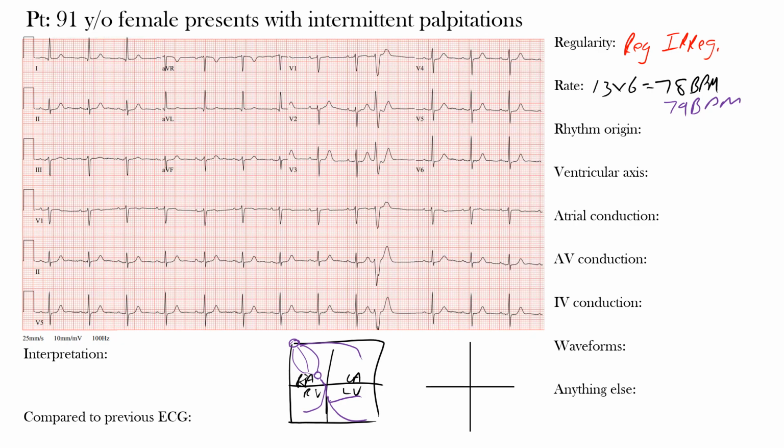So when we talk about sinus rhythm, that means that we're originating from here, the sinoatrial or sinus node. And notice that our conduction pathway heads this way, towards our AV node, which is here.